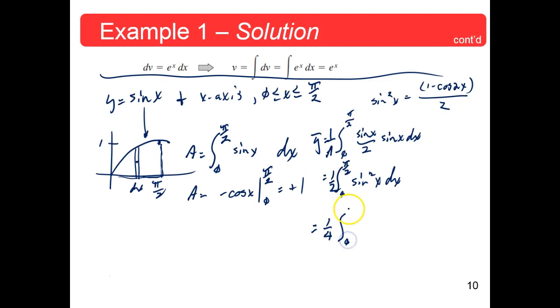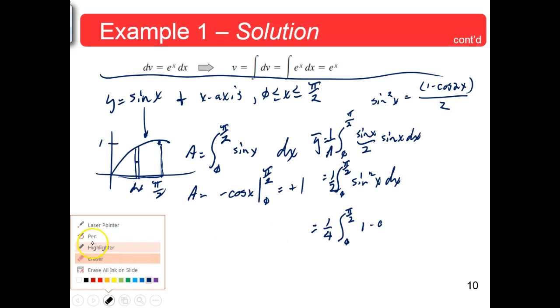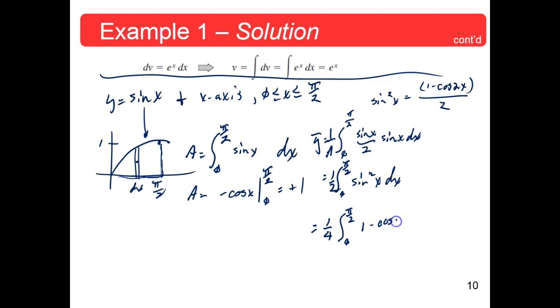The integral from 0 to pi halves, and instead of sine squared, we're going to put 1 minus cosine 2x dx. You're just making that substitution in for your sine squared. Pulled out the 1/2 that you had, and then you pull out the next 1/2. That gives you 1/4.